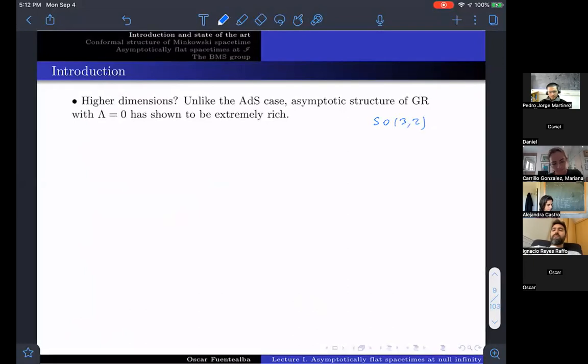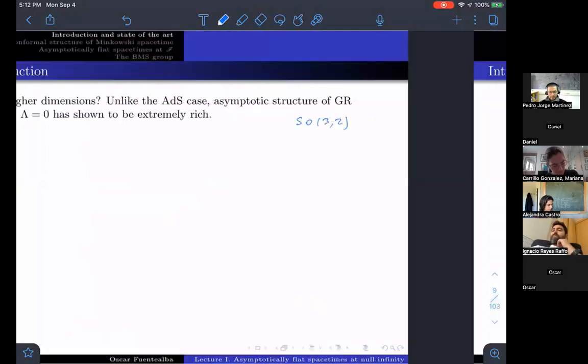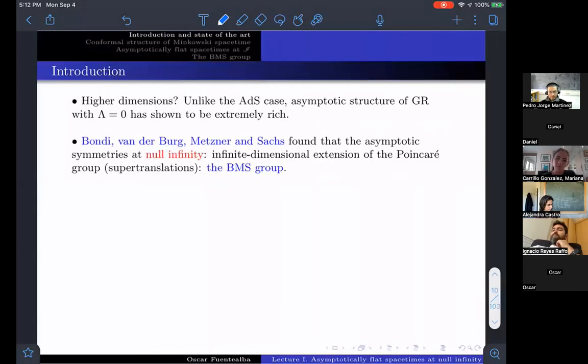GR in the absence of a cosmological constant is much better from this point of view, and it has shown to be extremely rich. And this is because of the work of Bondi, van der Burg, Metzner and Sachs.